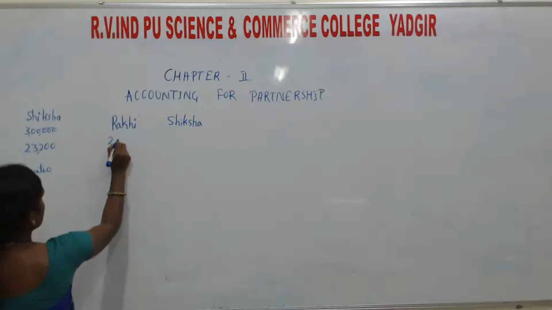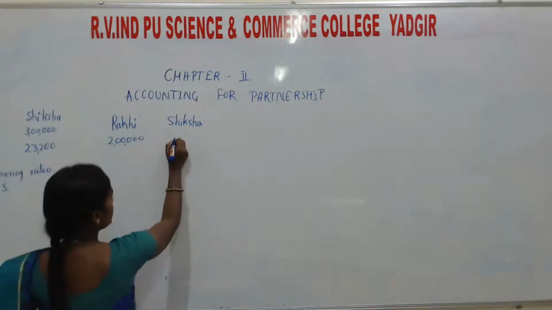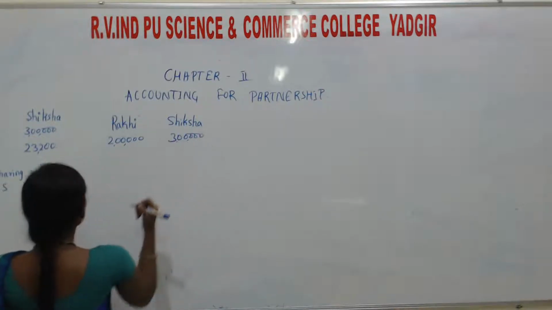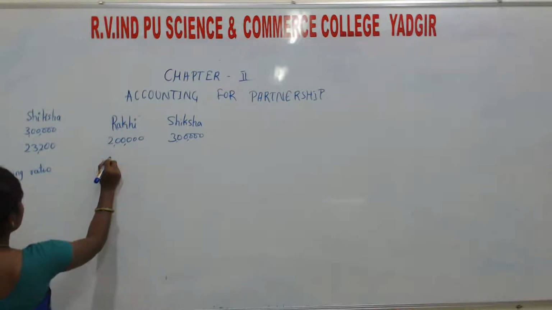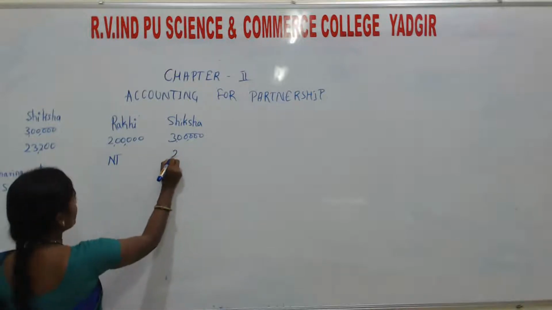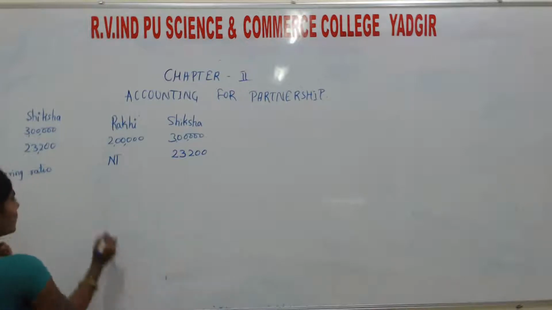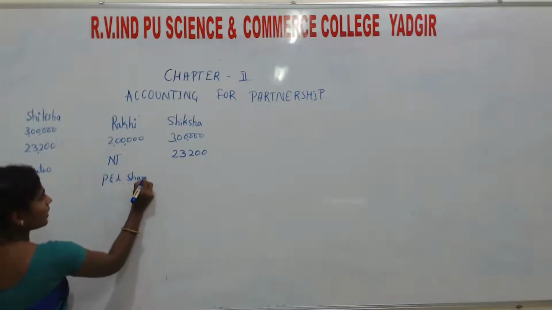Their contribution is first Rakhi's contribution 2 lakh and Shiksha's contribution is 3 lakh. Then net profits. Net profit for the firm is 23,200. Next, profit and loss sharing ratio.